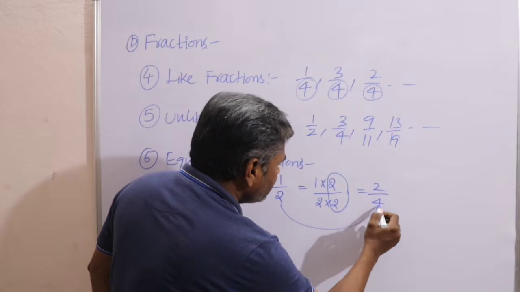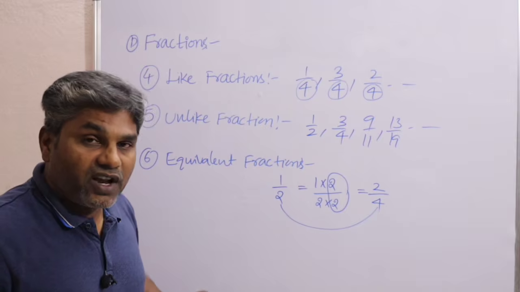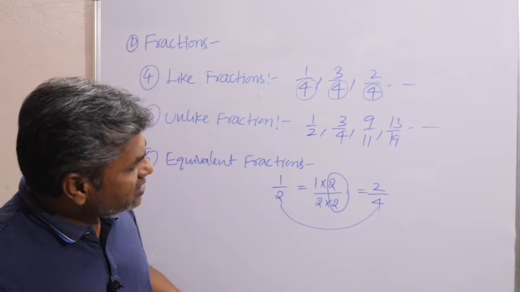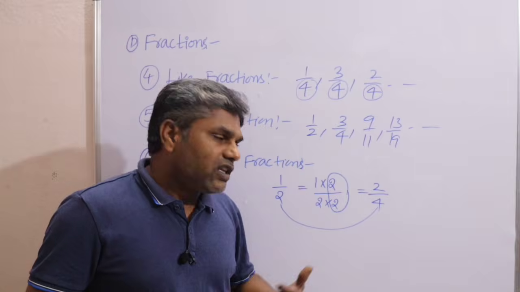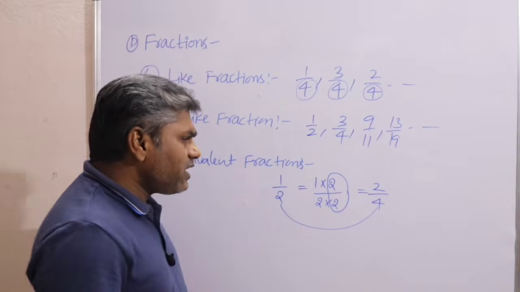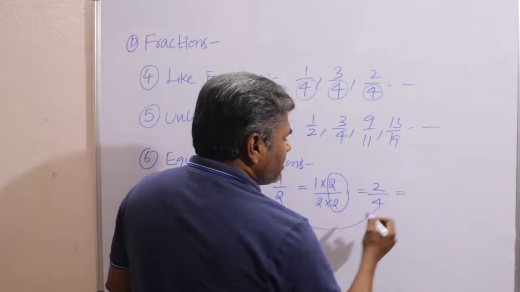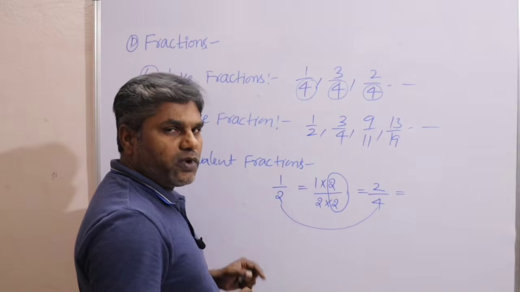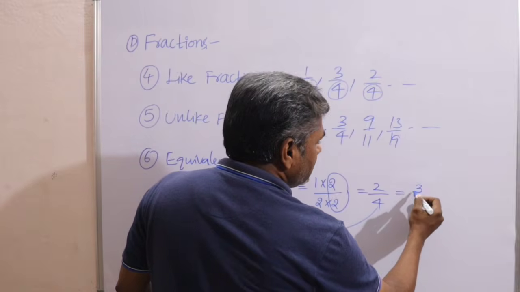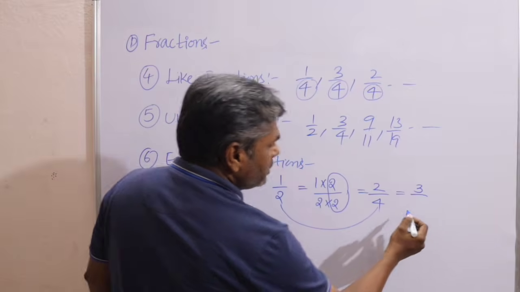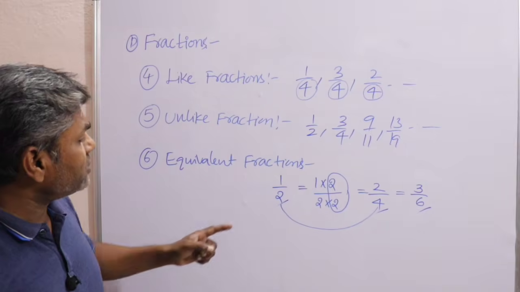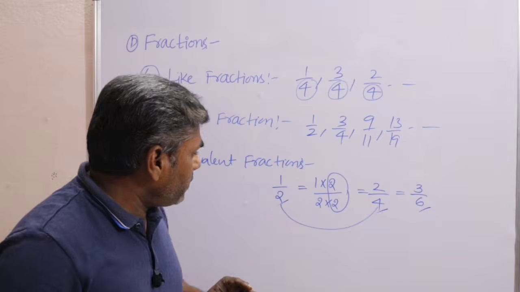These two fractions are called equivalent fractions. Keep in your mind that the value of this fraction is always the same as the value of this fraction. You may create many fractions which are equivalent to the original fraction. I am multiplying numerator with 3: 3 ones are 3 and 3 twos are 6. This is also called an equivalent fraction to the original fraction 1 by 2.